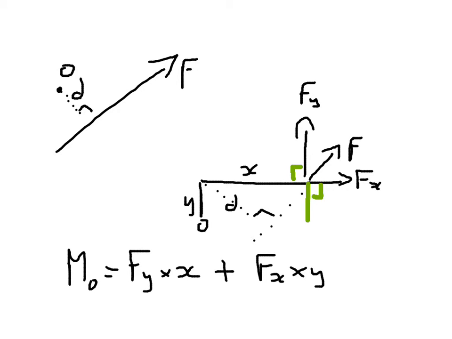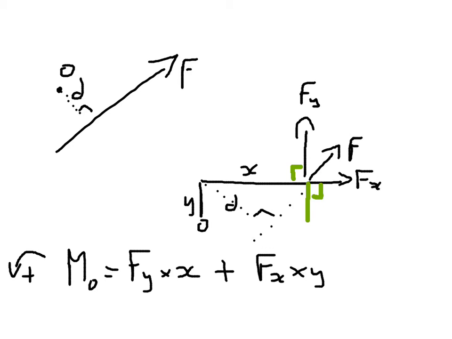One thing we haven't said is that you often treat forces, we've talked about upwards for the Y direction being positive and downwards being negative, to the right for the X being positive and to the left being negative. What we do with moments is we normally call anti-clockwise positive and clockwise negative.